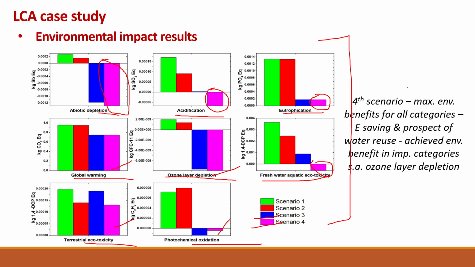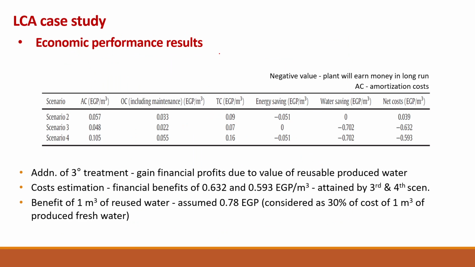Okay. So this is all about environment. If we are talking about the environmental performance, we have to consider economics also. So it should not be the case that the fourth scenario is very expensive, that it is not feasible to add it to an existing treatment plant. So we have to consider economics as well.